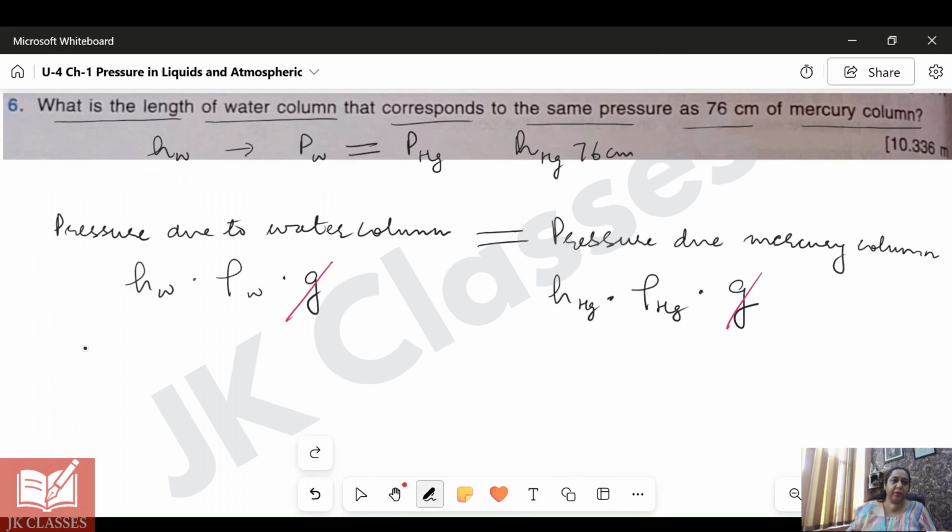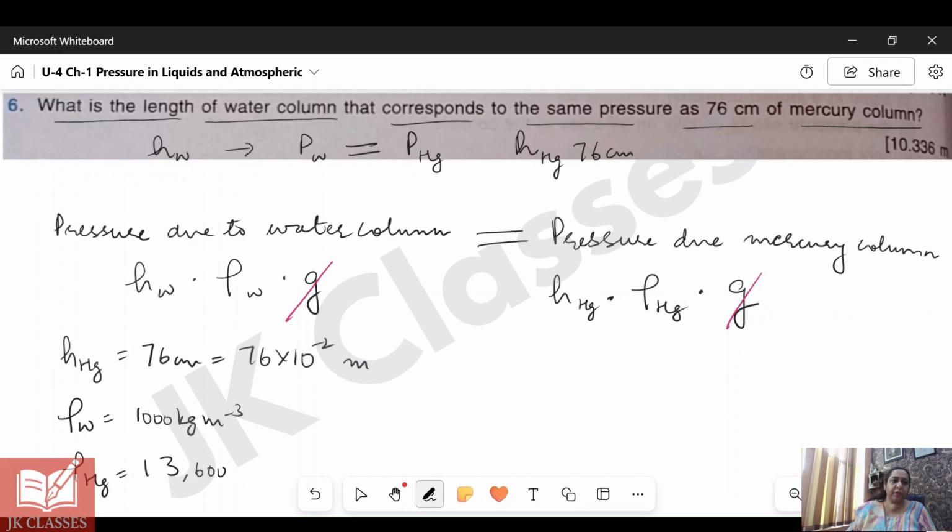Now we have height of mercury column as 76 centimeter, which is 76 multiplied by 10 raised to power minus 2 meter in SI unit. We know the density of water is 1000 kg per meter cube, and the density of mercury is 13,600 kg per meter cube.